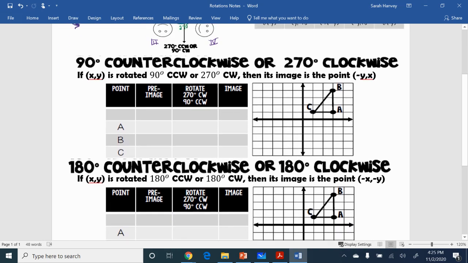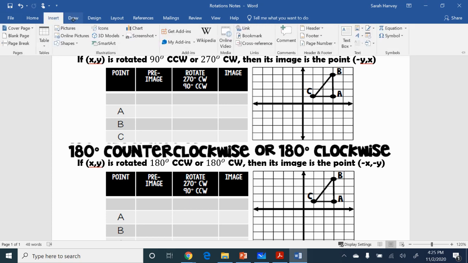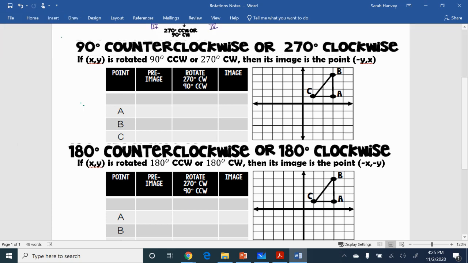All right, so let's go over 90 degrees counterclockwise. Just like what we did before, our first step is to write the x and y coordinates of our pre-image, and we're lucky it's the same for all of these.